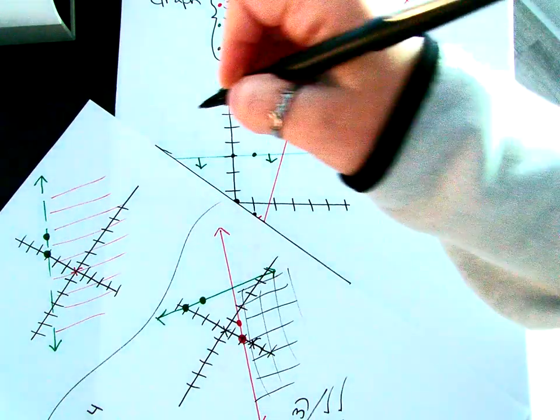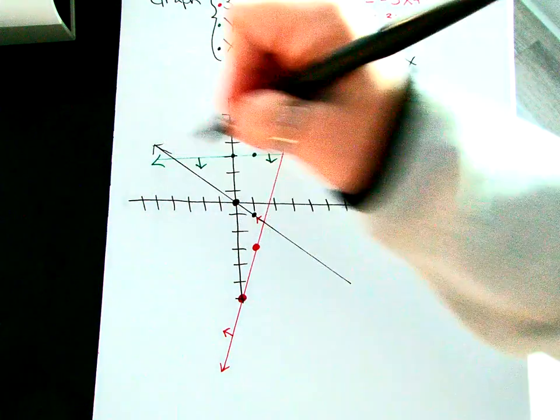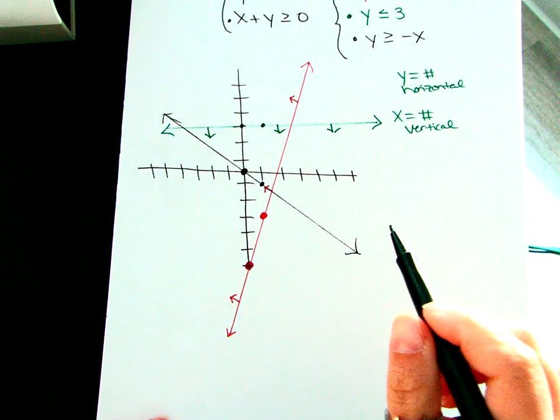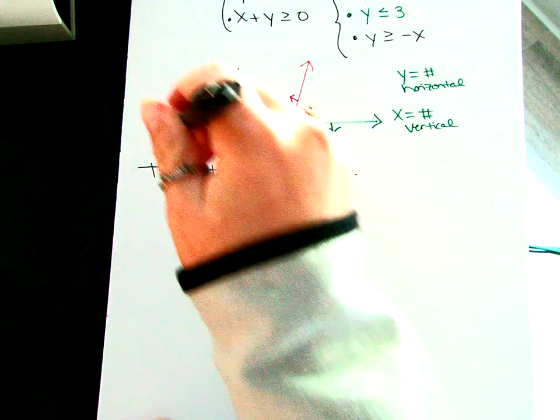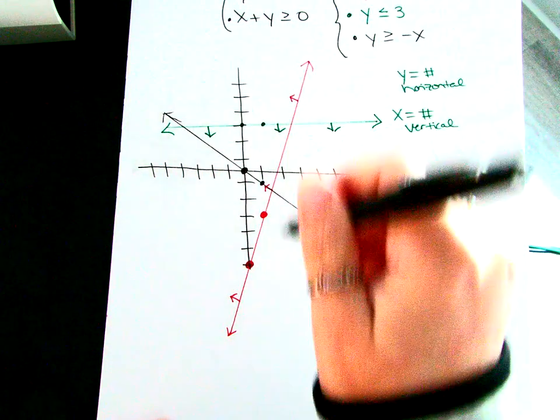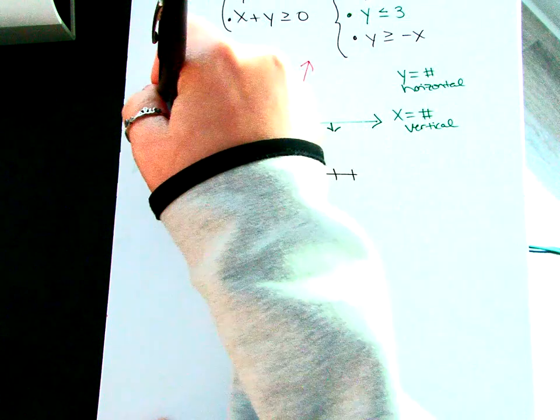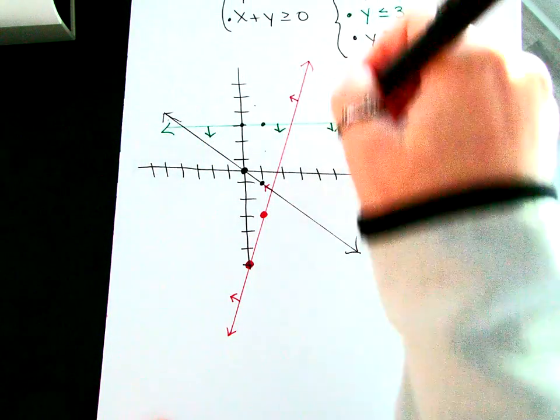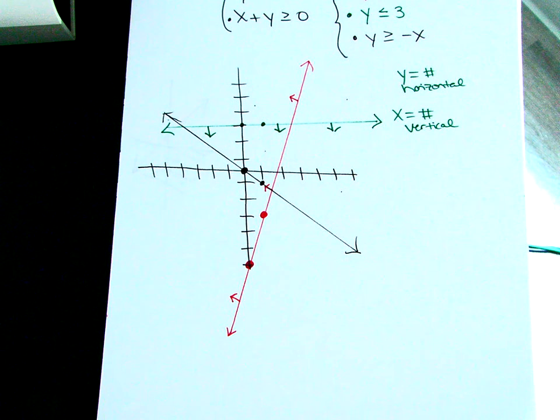So notice with 3 lines, I have a lot of different sections. I think I have 6. 1, 2, 3, 4, 5, 6, 7. I have 7. So if I did the test point method, I would potentially have to test 7 different points into all 3 of those equations.